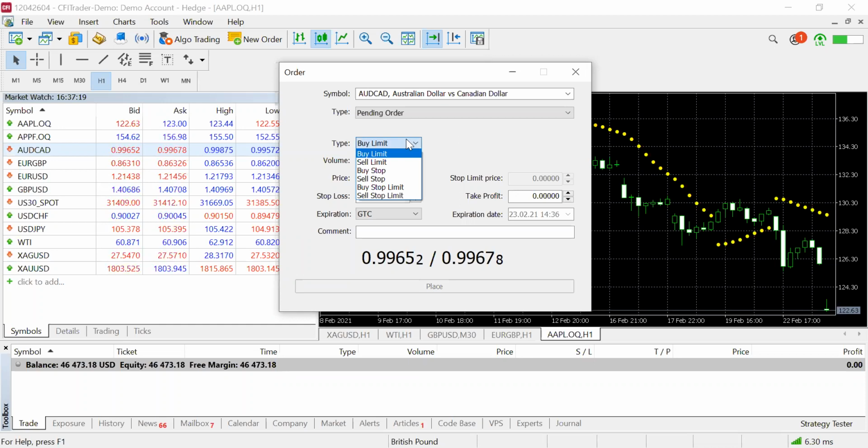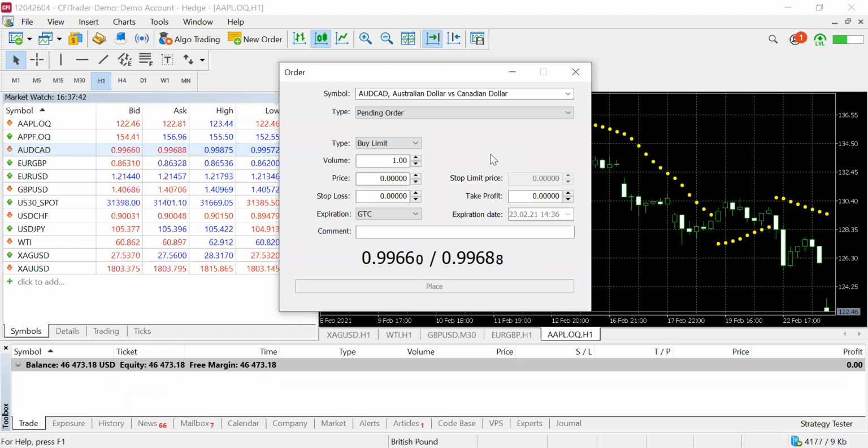Usually you have two types of pending orders. One is order limit, and the second one is order stop limit. In here, for example, with the buy limit, you believe that the market will go up after a particular specified price.